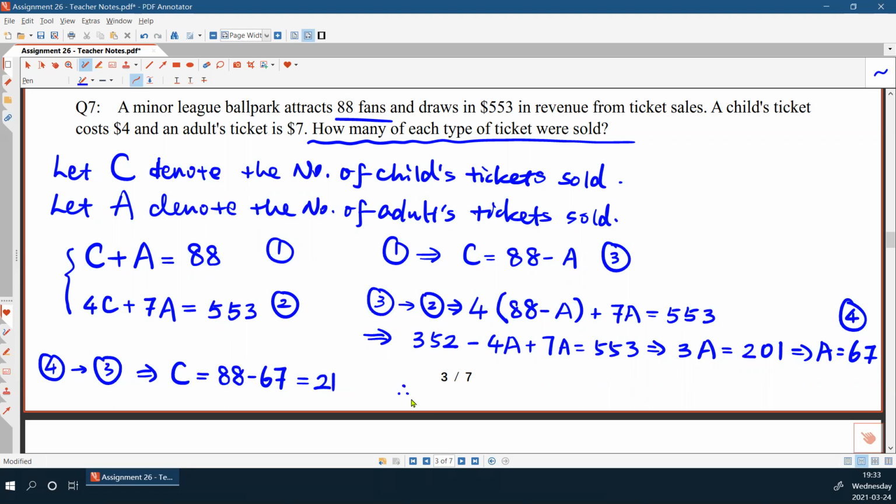Okay, so that means 21 child's tickets were sold and 67 adult tickets sold. Okay. Okay, any questions?